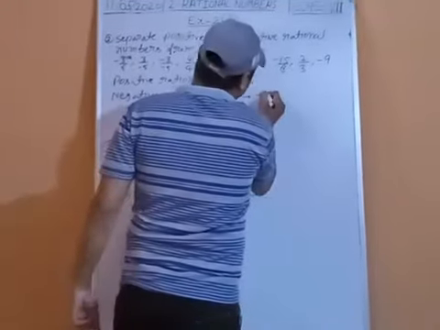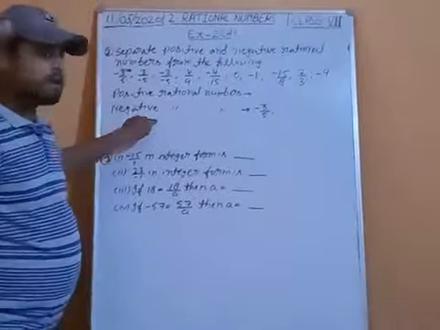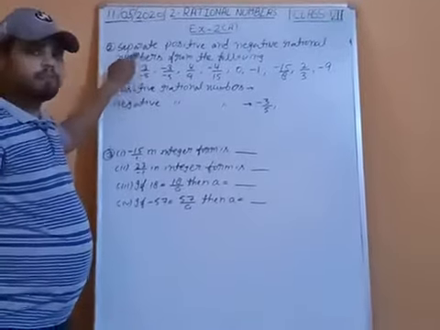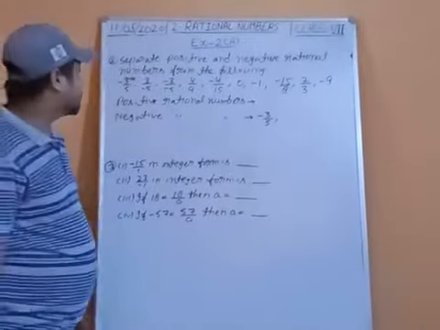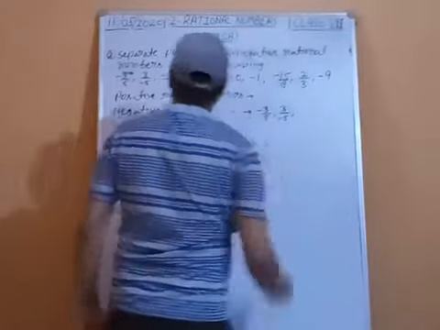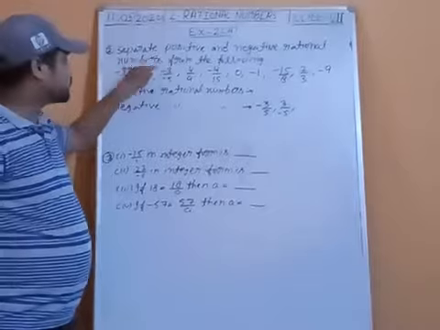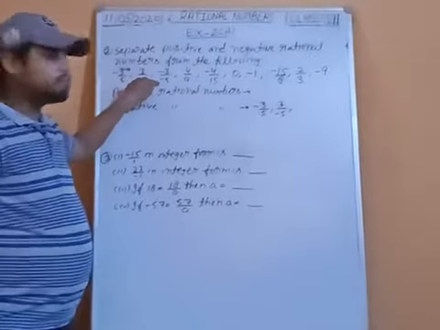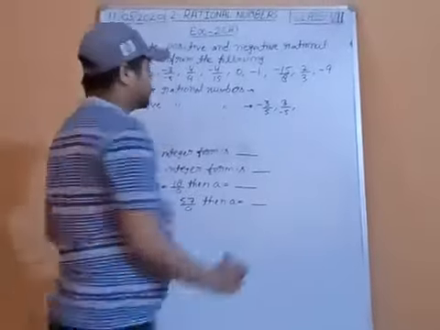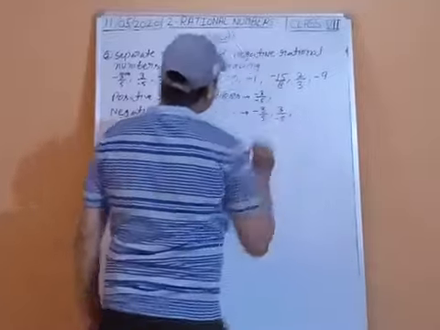We will write minus 3 upon 5 under the negative heading. See 3 upon minus 5, plus minus, it is also negative, so 3 upon minus 5. Then minus 3 upon minus 5, minus minus plus, so minus 3 upon minus 5 is a positive rational number. We will write minus 3 upon minus 5.